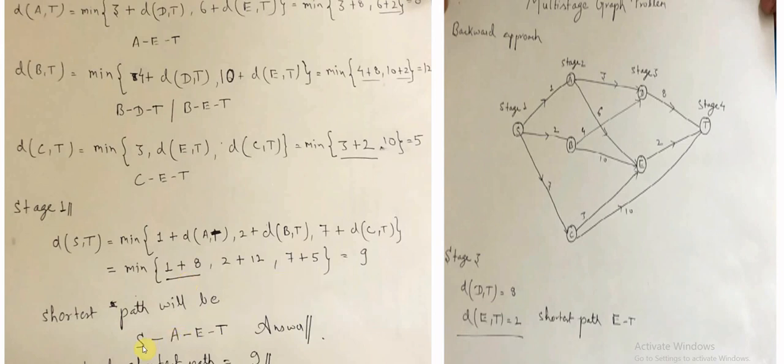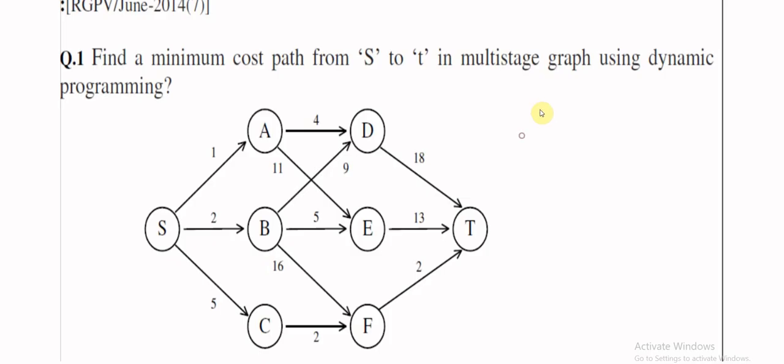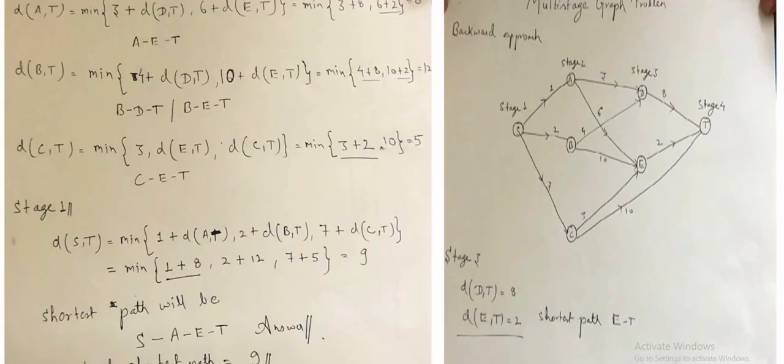So we are putting in the values, and once we add them, the minimum cost is offered by the path SAET, which is 9. So 9 is the minimum cost required to travel from S to T, and that particular route will be SAET.